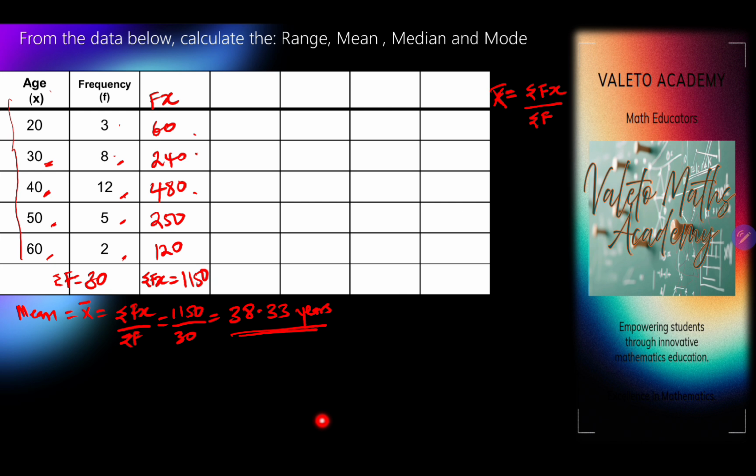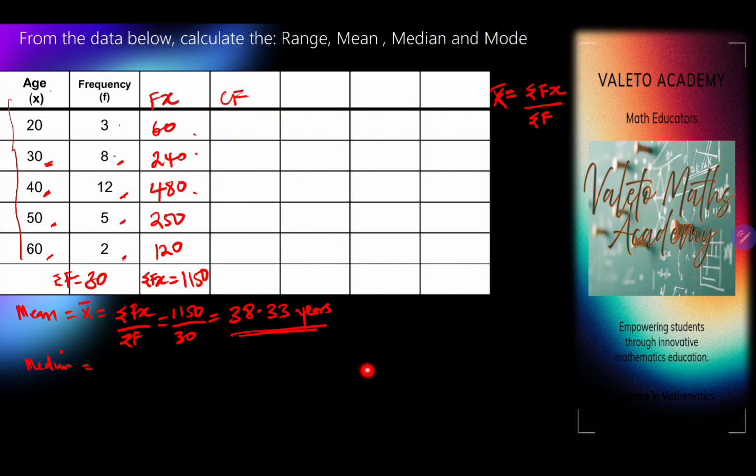Then we're asked to look for the median in this data set. To get the median, we have to create a new column called the cumulative frequency column, which we represent by CF.